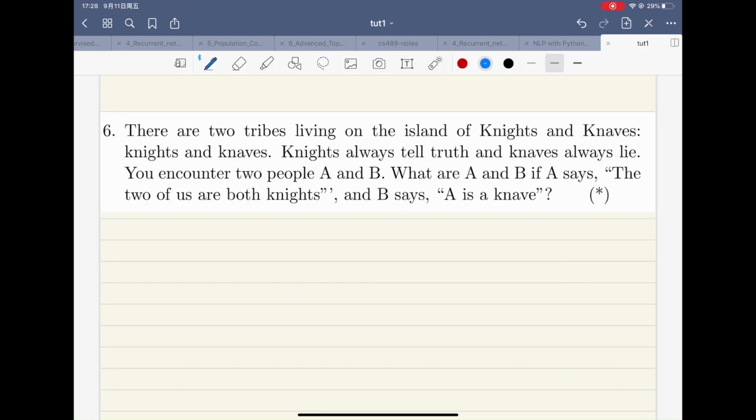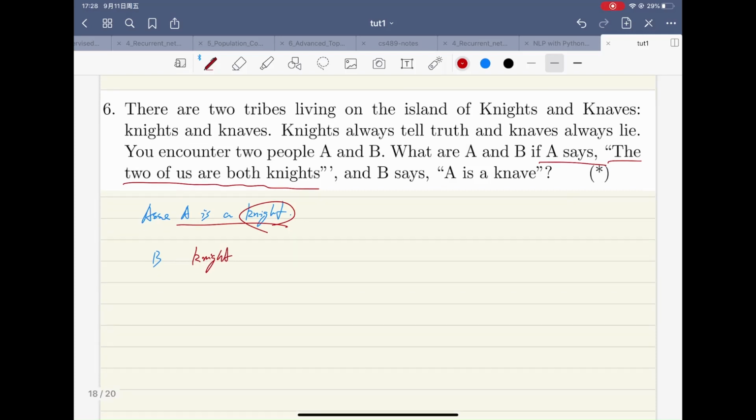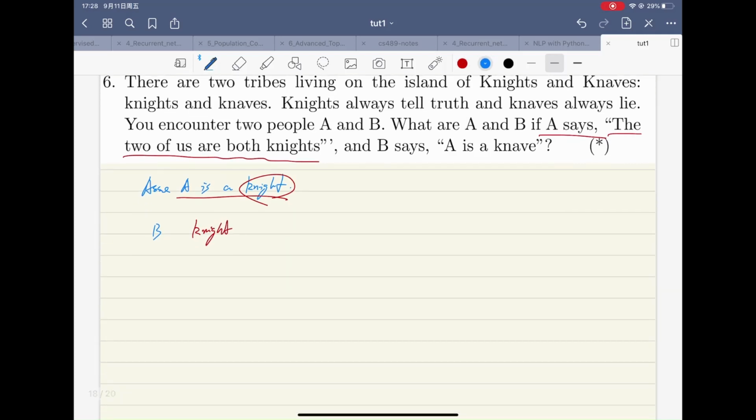And question 6, nothing special, just assume again. Assume A is a knight. Then B is also a knight, because a knight always tells the truth, and A says the two of us are both knights. So far, B is a knight. And what does B say?